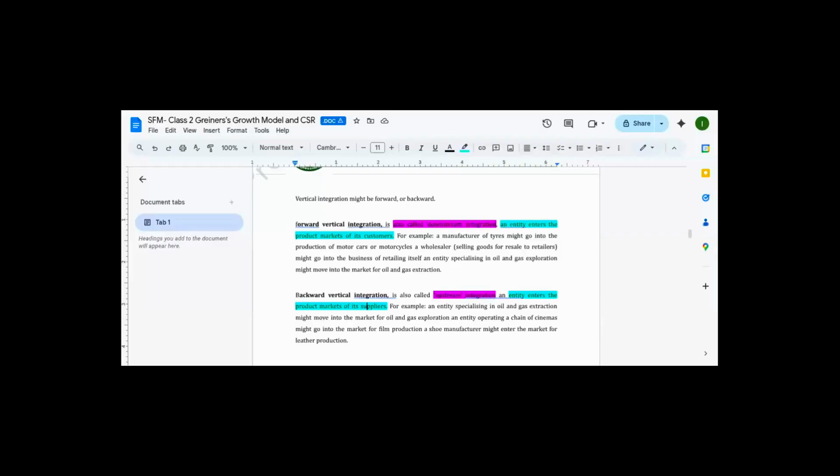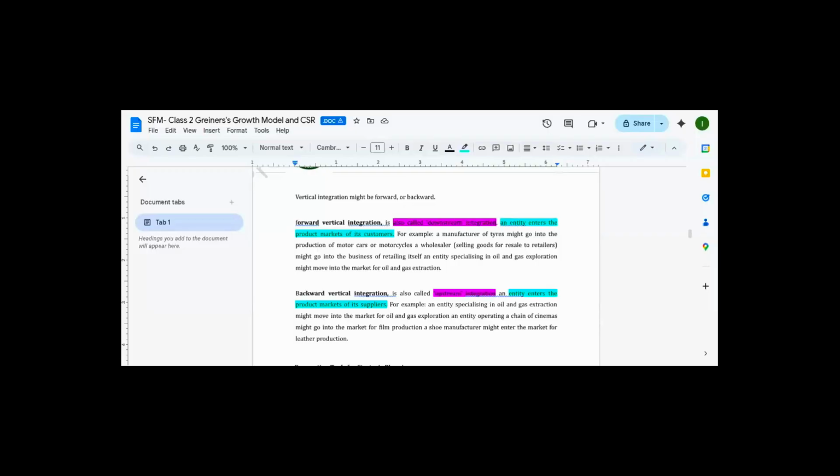This will give us the opportunity to retain our existing customers and capture more potential customers. Anytime we use backward vertical integration, it gives the company the opportunity to compete offensively with the use of price.